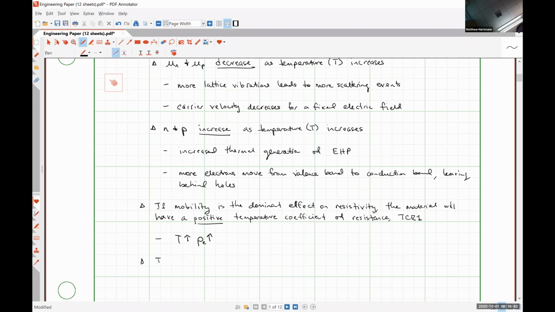Instead, if the carrier concentration is the dominant effect on resistivity, the material will have a negative temperature coefficient of resistance.